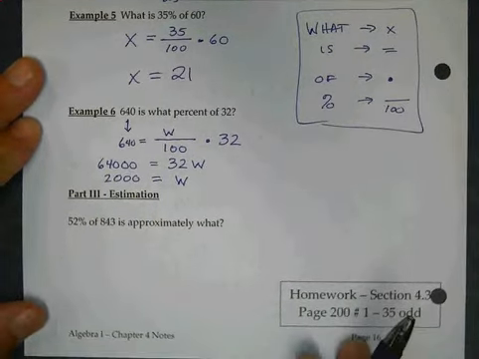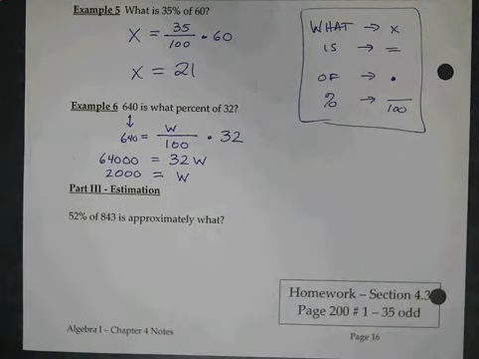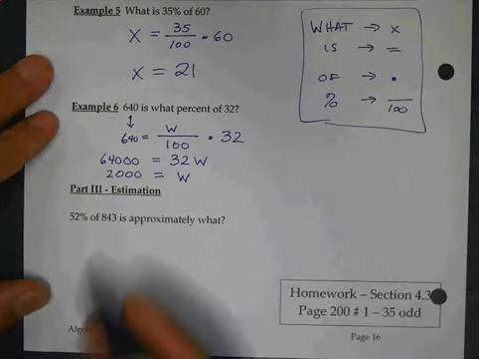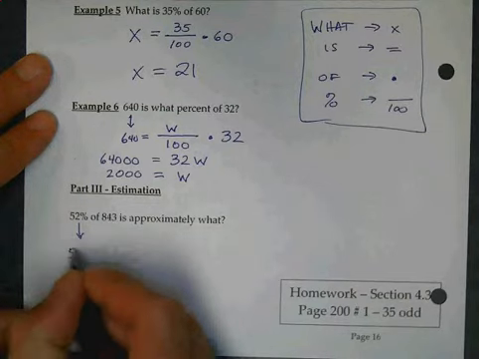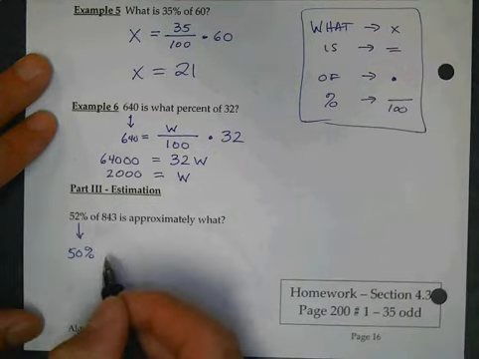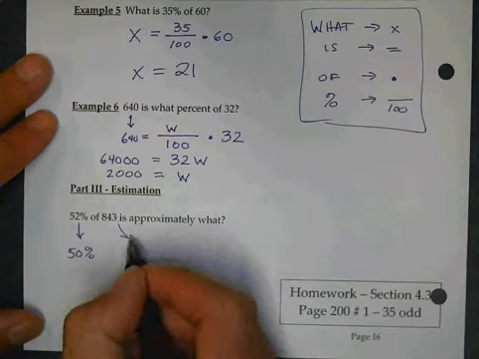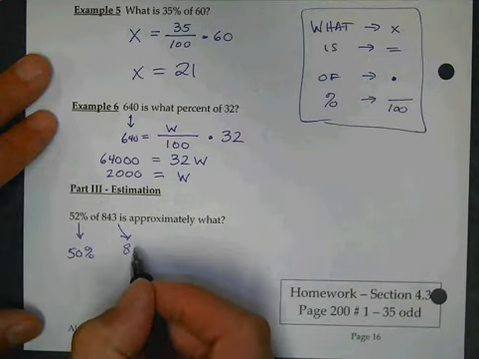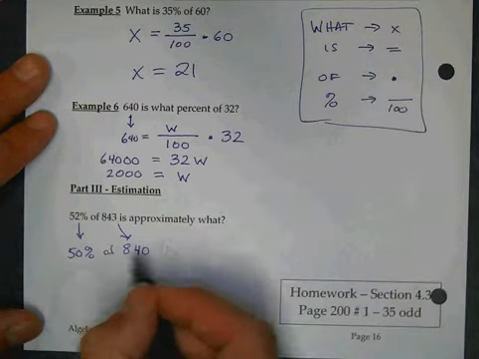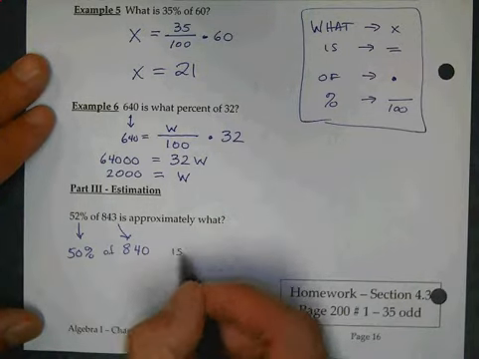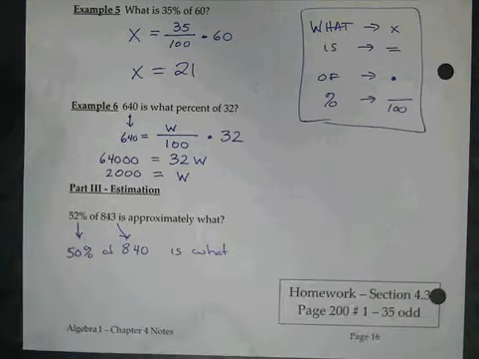Okay, our last one, estimation. No calculators here. When we're doing estimation, you got to do some rounding. So instead of thinking 52%, what am I thinking? About 50. Instead of thinking 843, what am I thinking? About 840. 50% of 840.